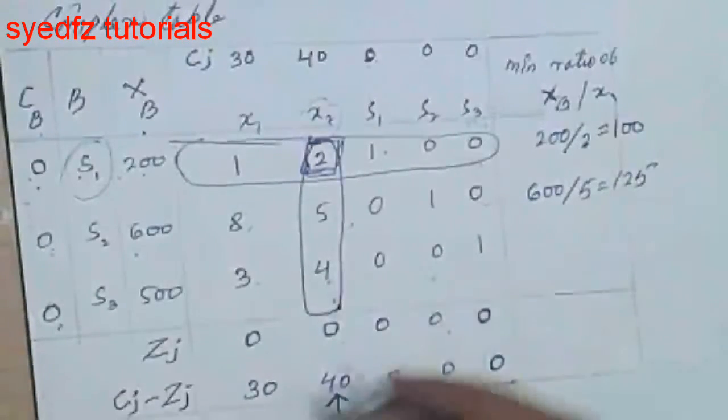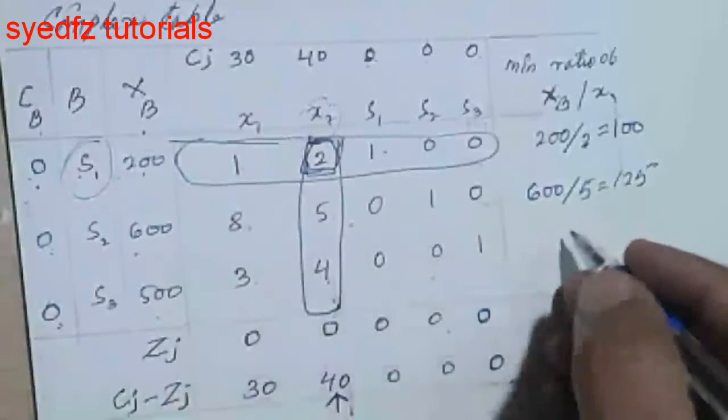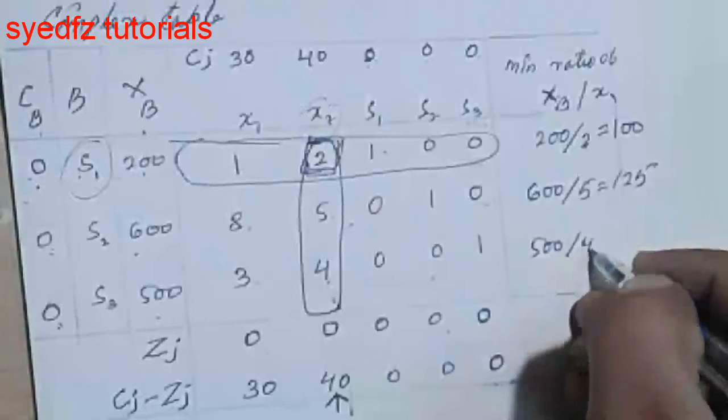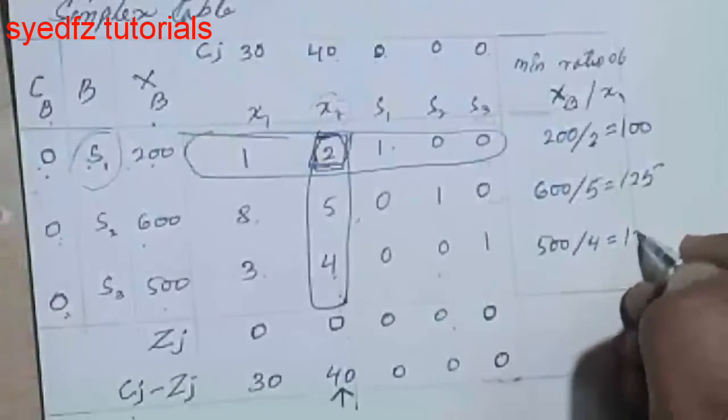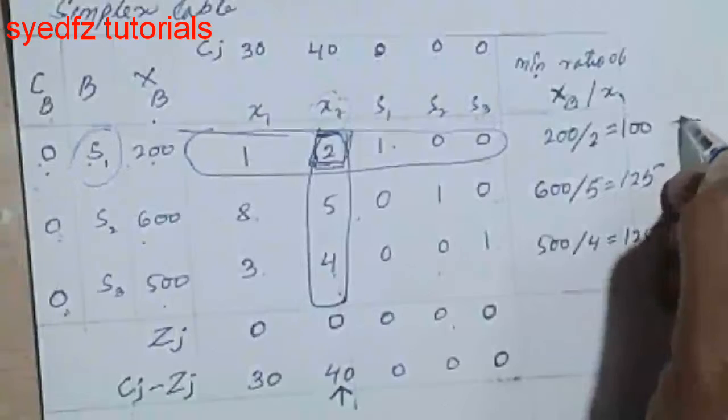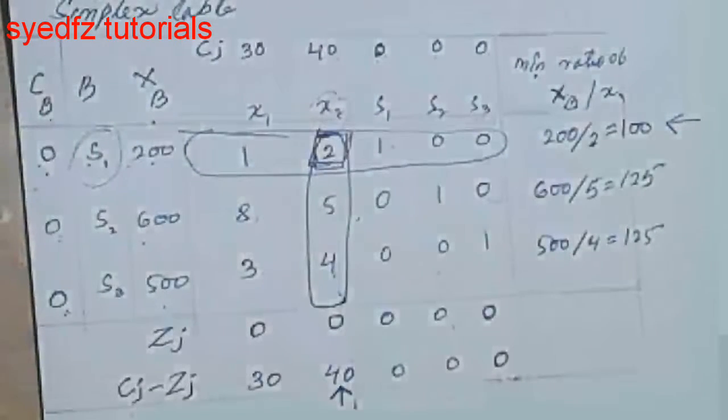Here is 500 divided by 4. 500 divided by 4, how much will we get? 125. Which one is the minimum ratio? Minimum ratio means out of all three, this one has the minimum value.